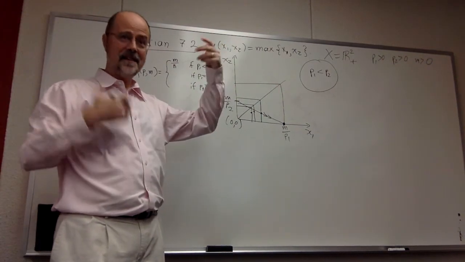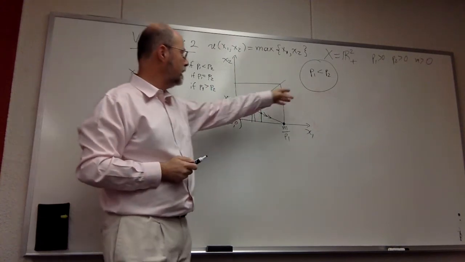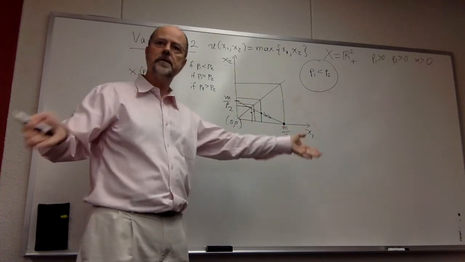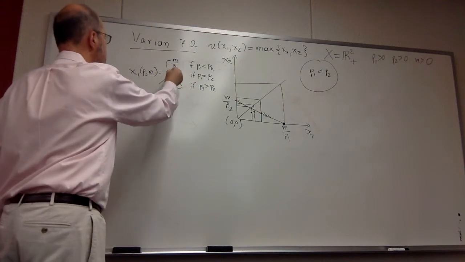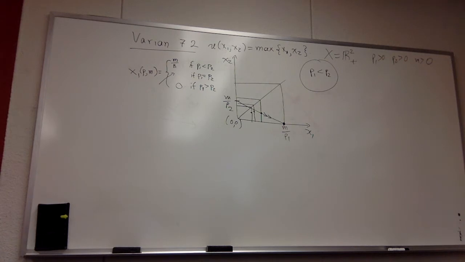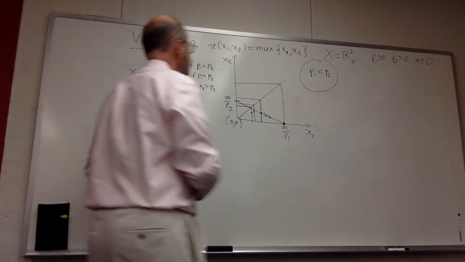And my answer is 0, right? Because as you see here, the more expensive good is not consumed at all. So the trick is, what do I put here? If the prices are exactly the same, how does it look?